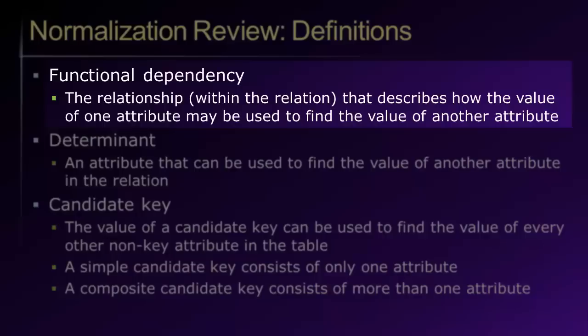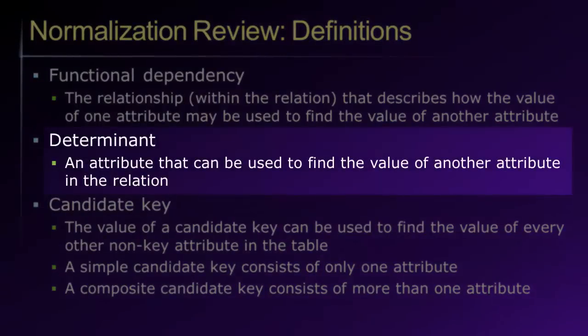That is, if the value of one attribute can be determined by the value of another, then that first attribute is said to be functionally dependent upon the second attribute. Further, if an attribute can be used to find the values of other attributes within a table, then that attribute is known as a determinant. That is, the value of the attribute can be used to determine the values of other attributes within the table.